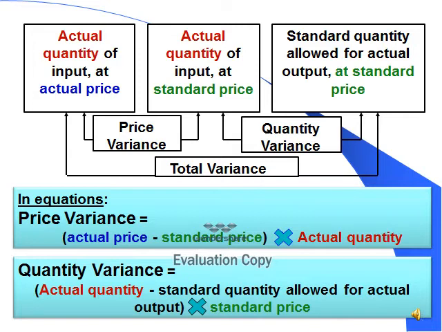So price variance equals actual price minus standard price times actual quantity. Quantity variance from the performance report equals actual quantity of inputs at standard price minus standard quantity allowed for actual output at standard price. Here standard price is a common factor, so standard price times actual quantity of inputs minus standard quantity allowed for actual output equals quantity variance.